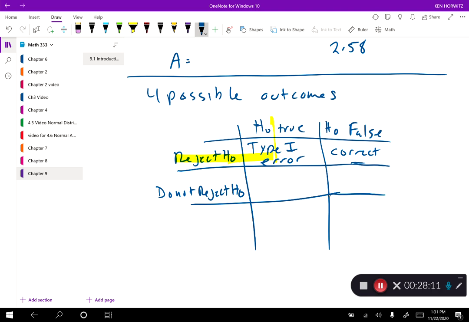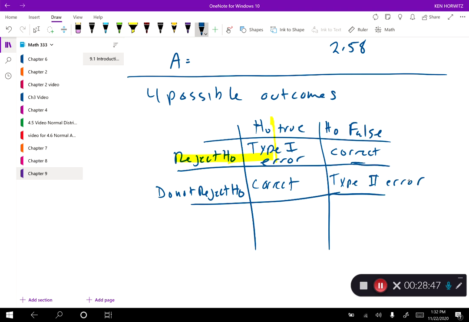Right? Now, again, we're always going on the evidence. It doesn't mean you did the problem wrong if you reject. Now, if we do not reject the null and the null hypothesis is true, we are correct. If we do not reject the null hypothesis and the null hypothesis is false, then we have a type 2 error.